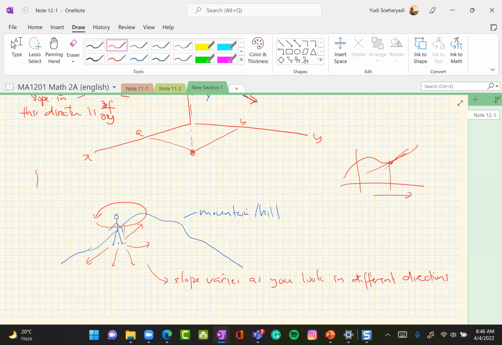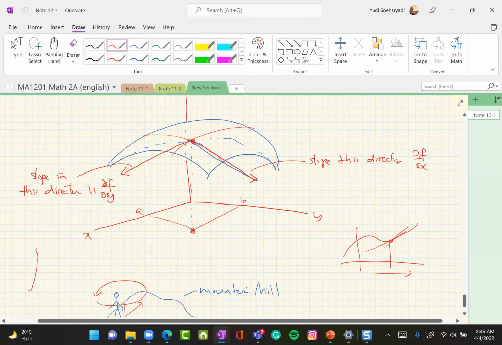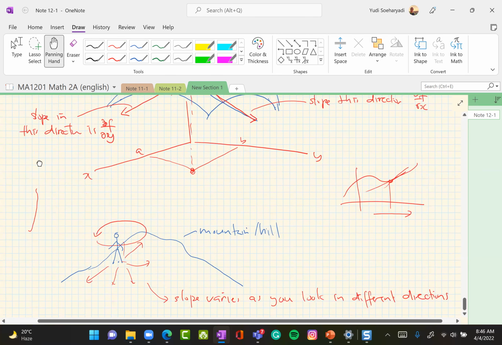The thing here is in our case, df/dx and df/dy are only two of the directions.